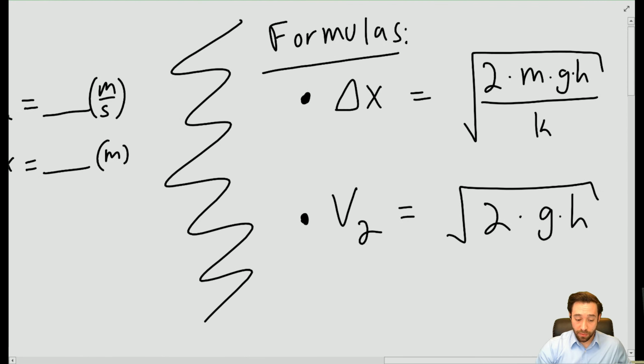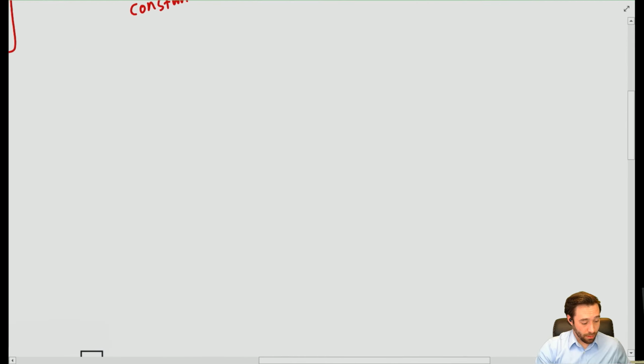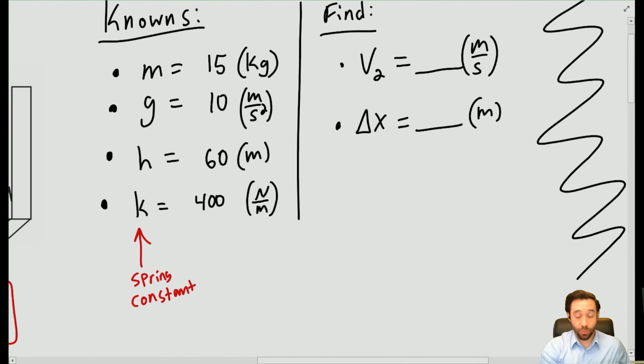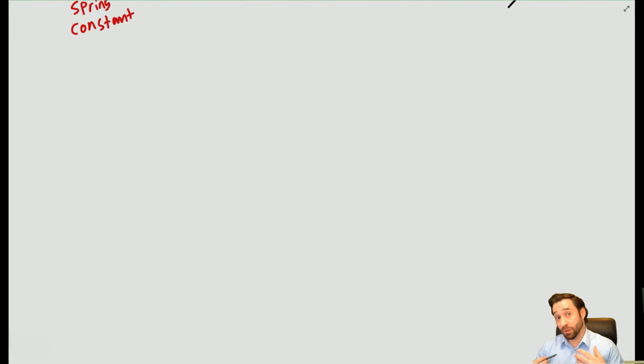All right. So these are the equations that I wrote down. These are the final equations, but I'm going to show you how I got these. Okay? All right. So we have mass, we have gravity, we have height, and we have the spring constant. So the conservation of energy states that all the energy that I start with must equal the amount of energy that I finish with, assuming that we're in an ideal situation where there's no friction, no air resistance, and nothing is lost to the environment.